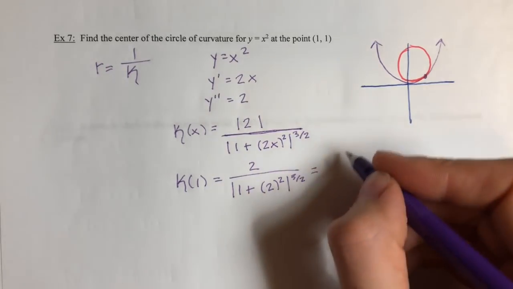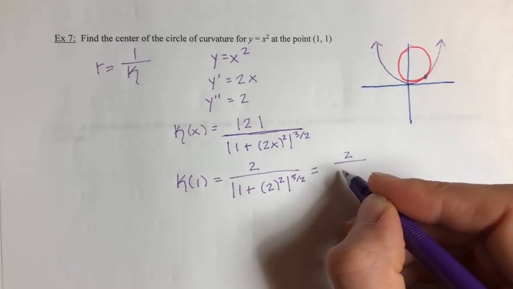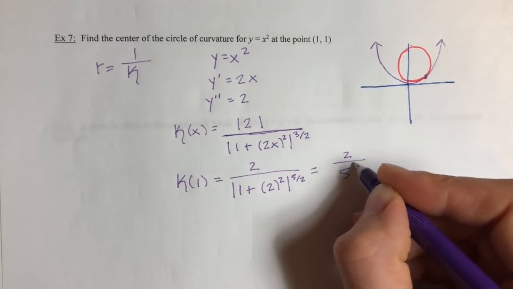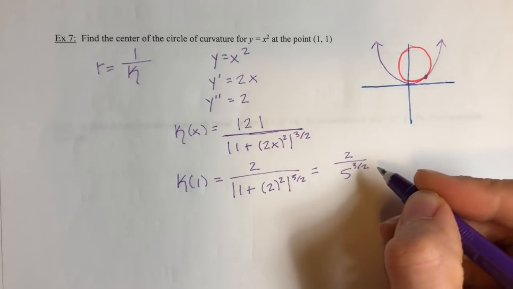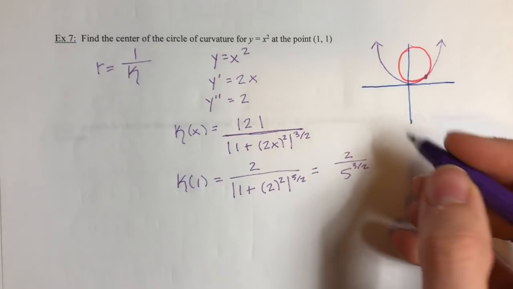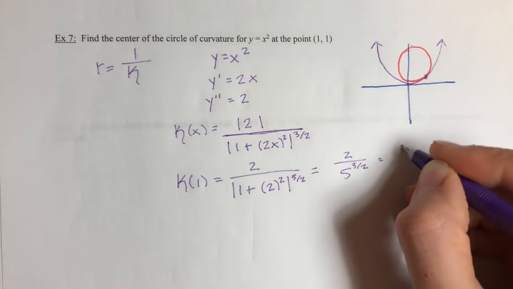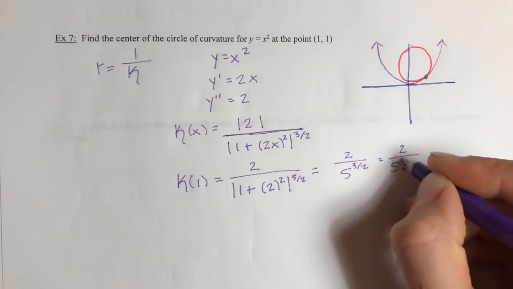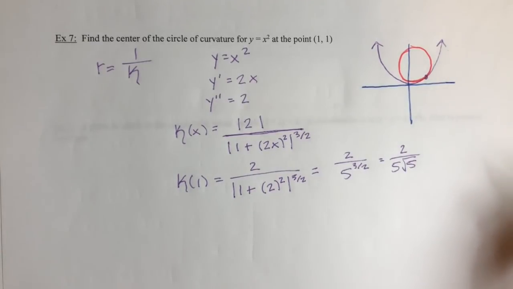So this will be 2 over 5 to the 3/2, which you can leave that way, or you can think about it as 2 over 5√5, up to you.